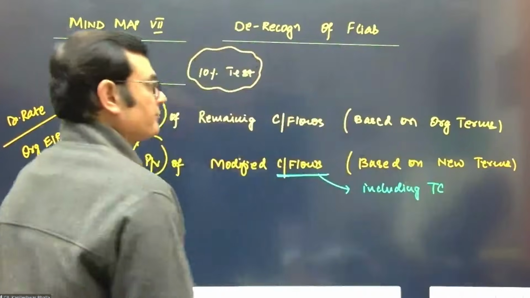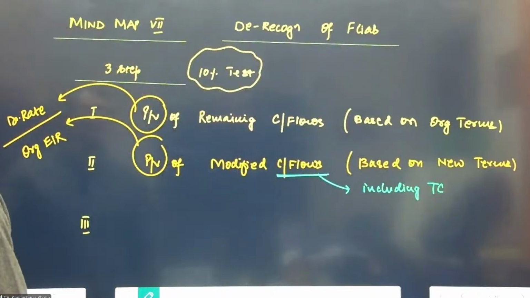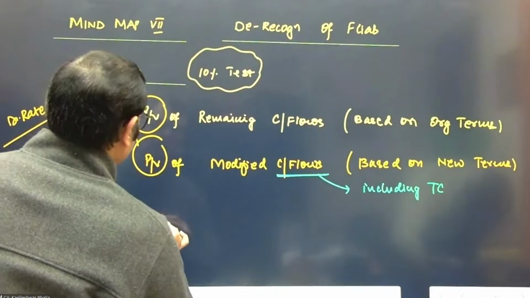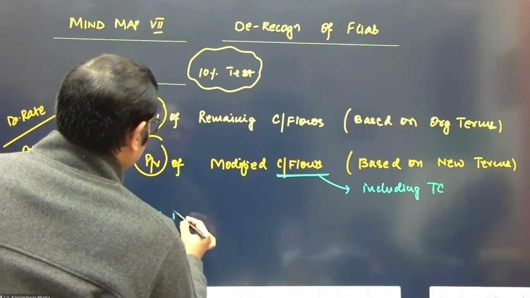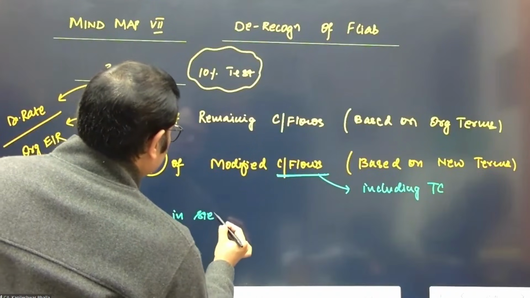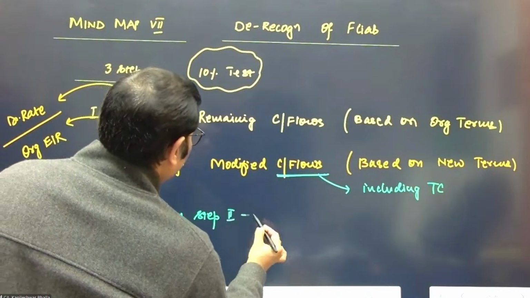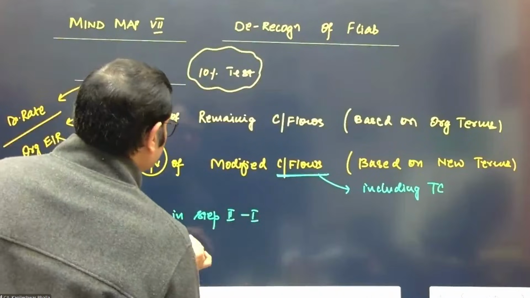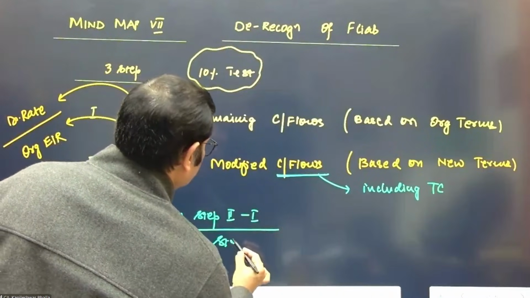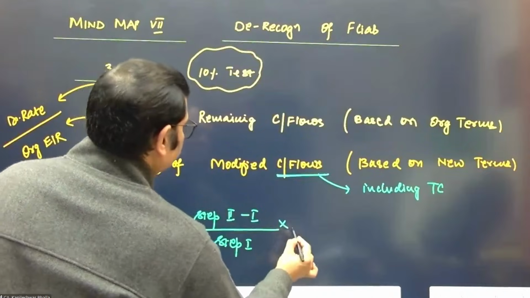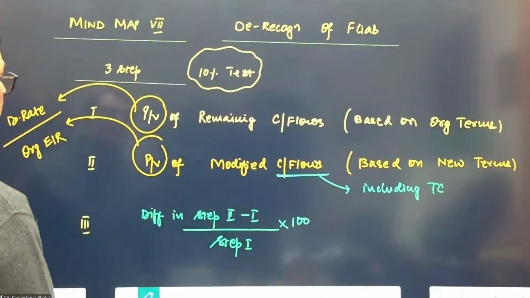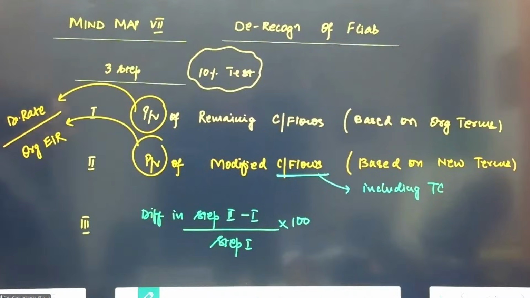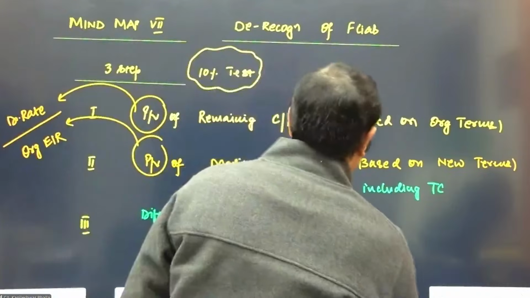Okay. And then we take the difference in the values between step number 2 and 1, and you express the difference as a percentage of step number 1. Whatever is the difference, step 2 minus 1 over the base of 1, and you get the answer.